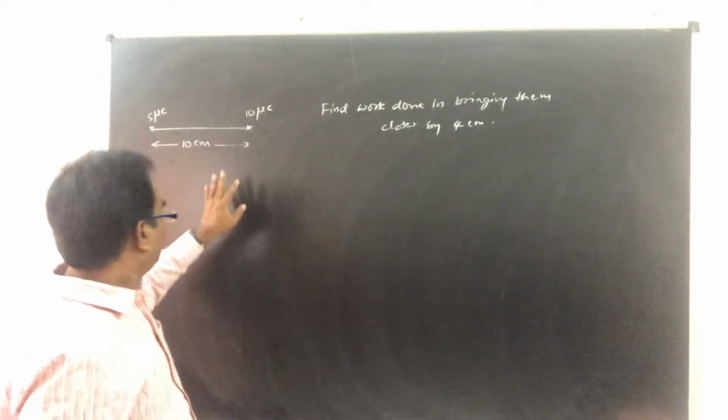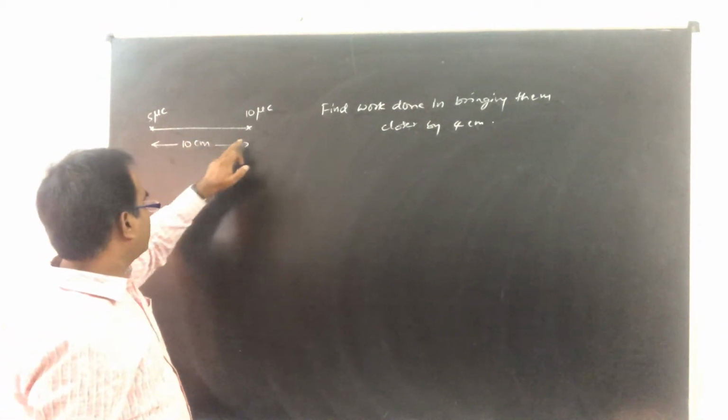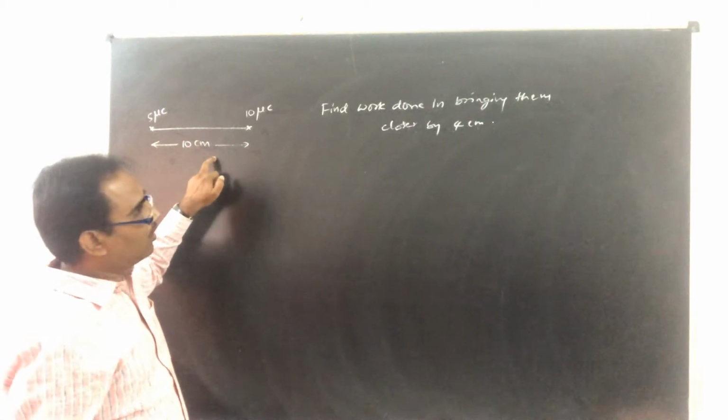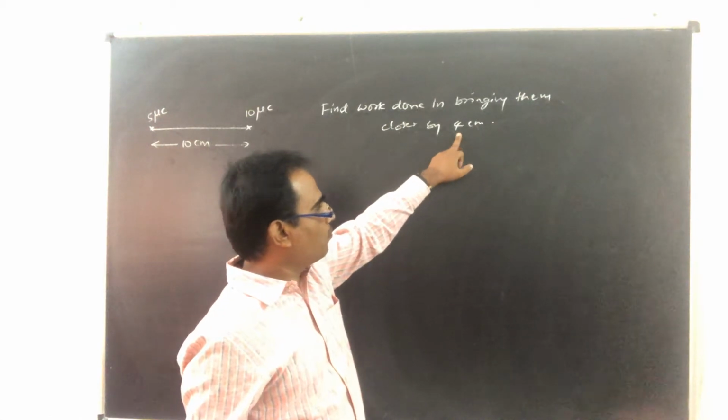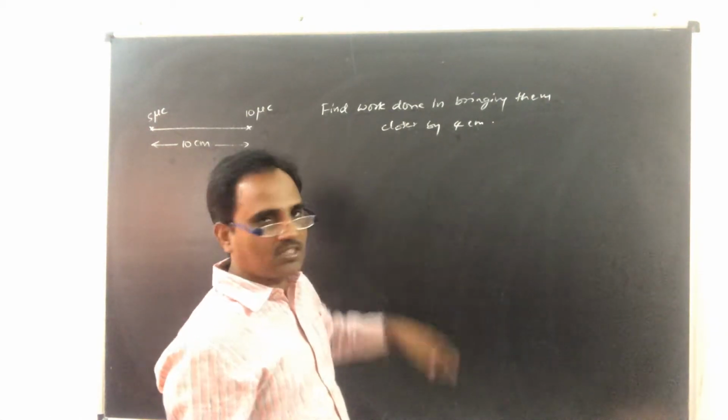So initially these two charges are separated by 10 cm in the air. If they are to be brought closer by 4 cm, how much work is to be done? This is the problem.